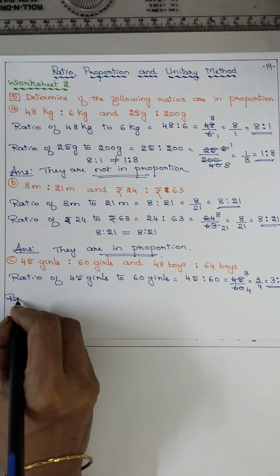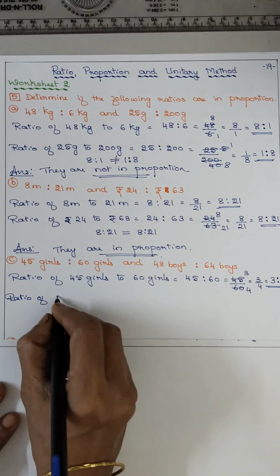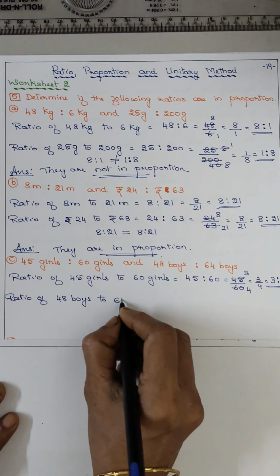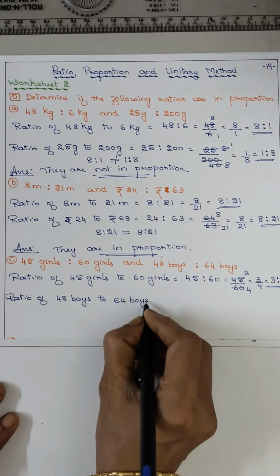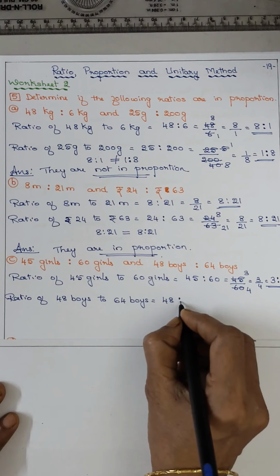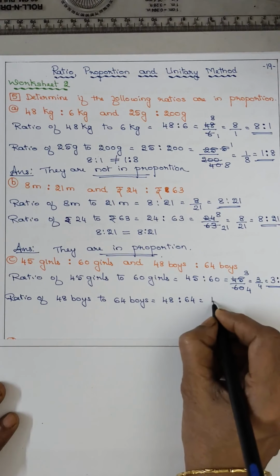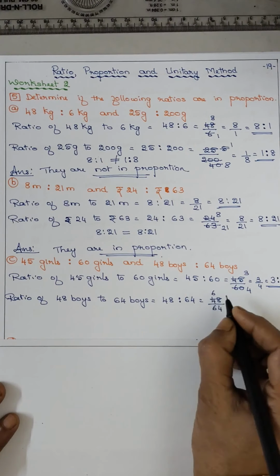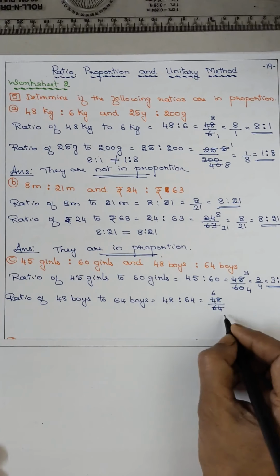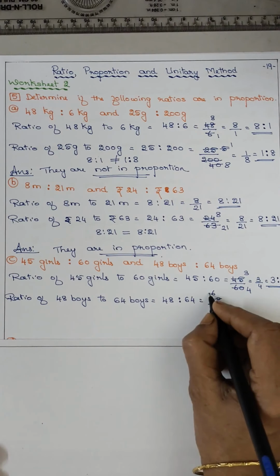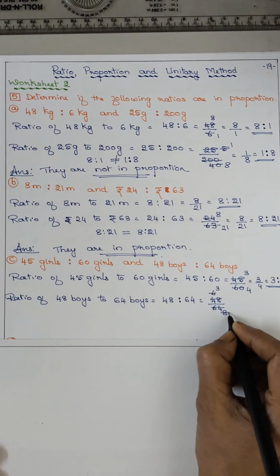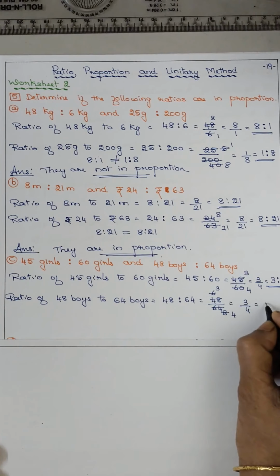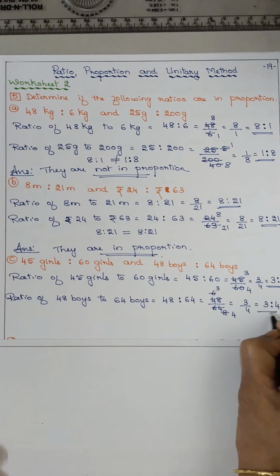Next, ratio of 48 boys to 64 boys. 48 is to 64. 48 upon 64. 8 sixes are 48, 8 eights are 64. So 8 threes are 24, 8 fours are 32, so you got 3/4, 3:4.